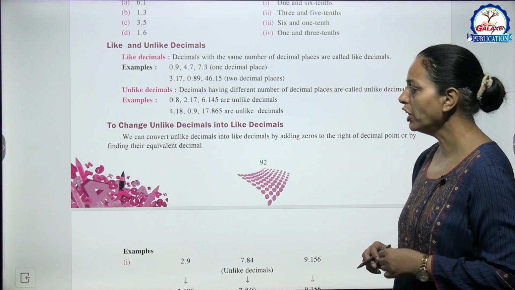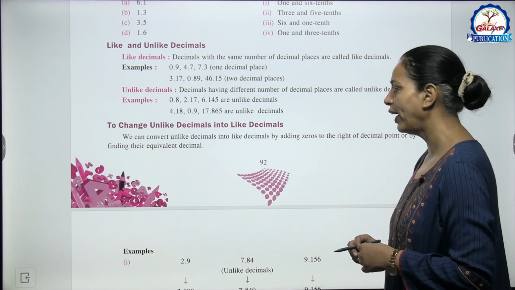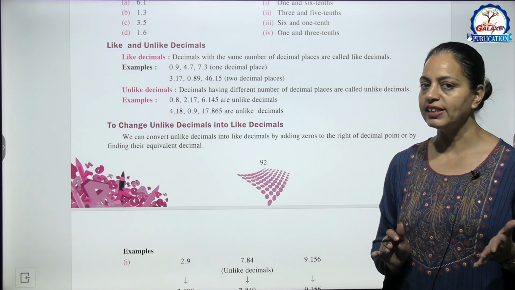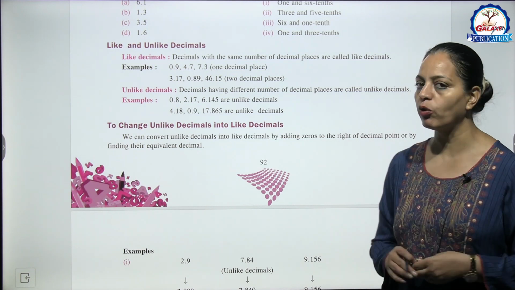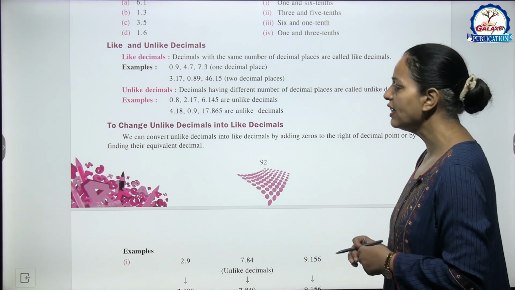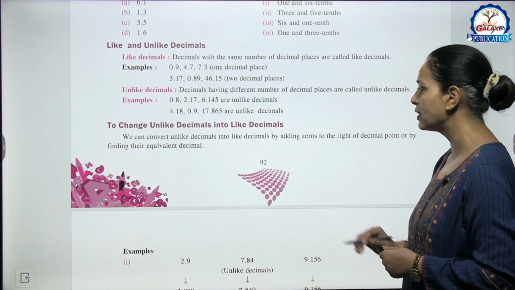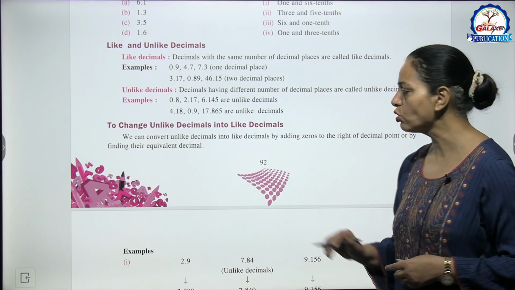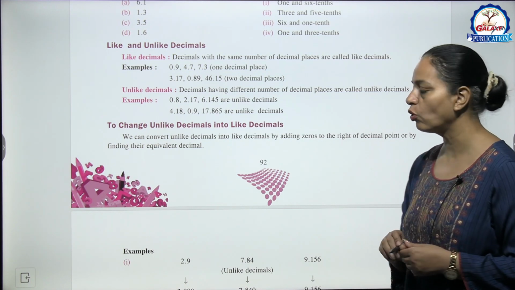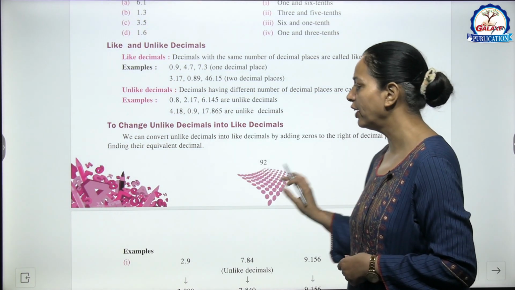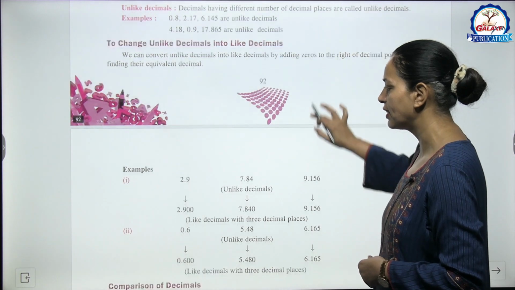Now to change unlike decimals into like decimals, हम unlike decimals को like decimals में convert कर सकते हैं. See how we can convert unlike decimals into like decimals by adding zeros to the right of decimal point or by finding their equivalent decimals.